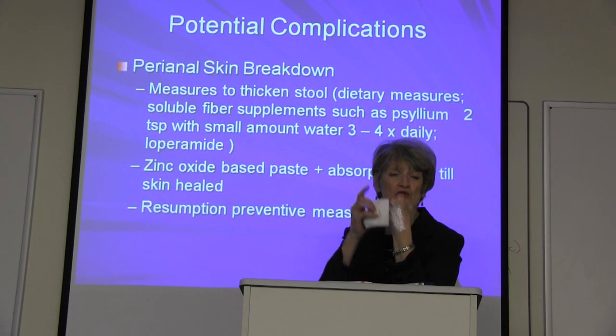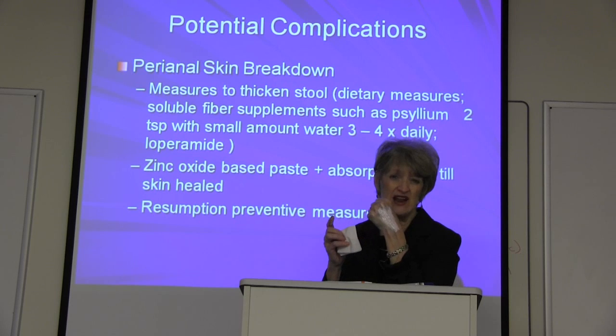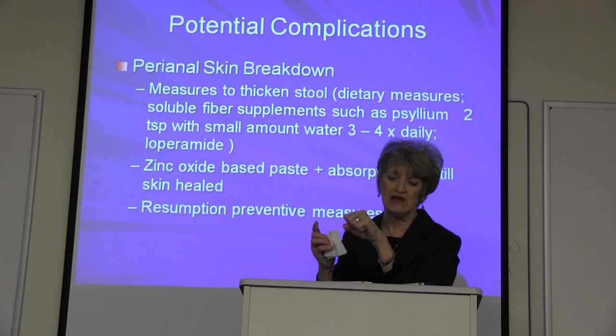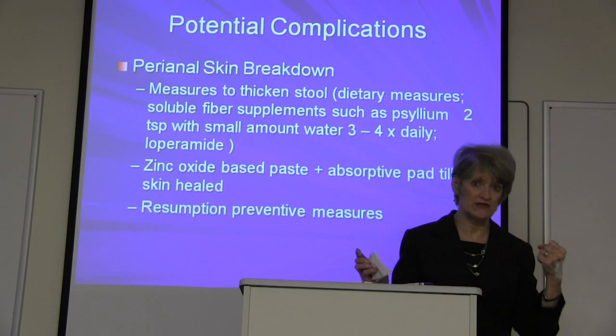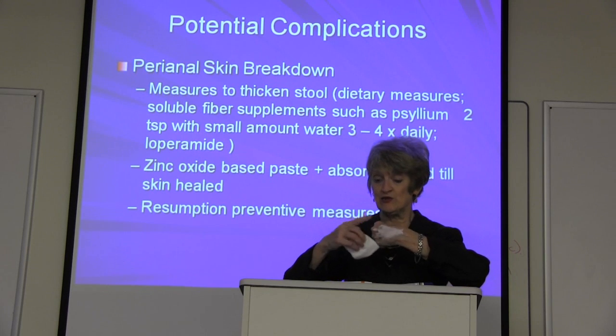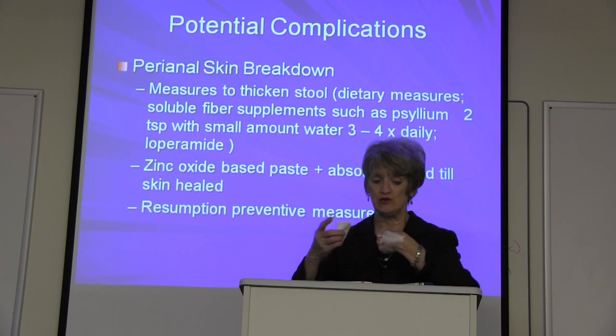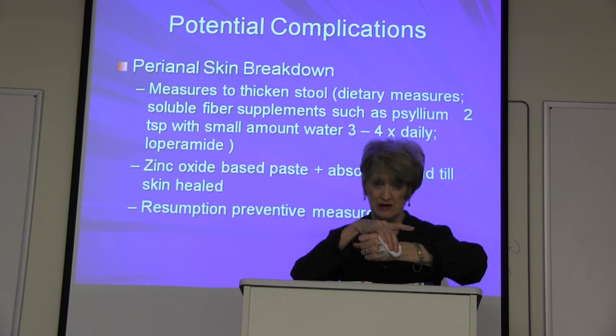I do not want my buttocks to rub against each other. Can you imagine how awful it would be to be walking if you had zinc oxide on each side of your buttocks and you'd be trying to pull one leg apart from the other? I'm trying to protect that skin, so I do my zinc oxide, and then what do I do? My absorptive pad between the buttocks.